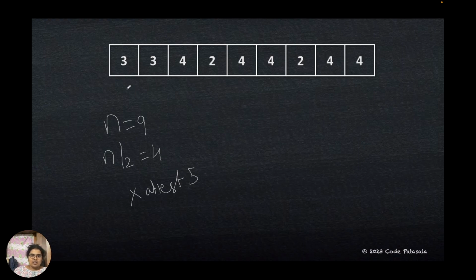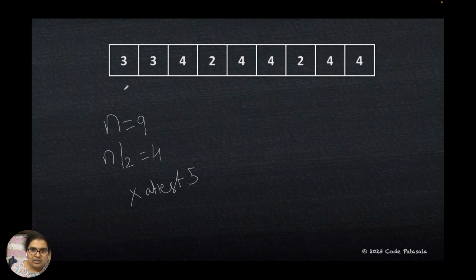Now if the array is of size 9, and an element occurs at least 5 times, the n by 2th place, which is the midpoint of the array, would always be that majority element because it occupies 5 places. So wherever you start, the n by 2th element would always be the majority element.